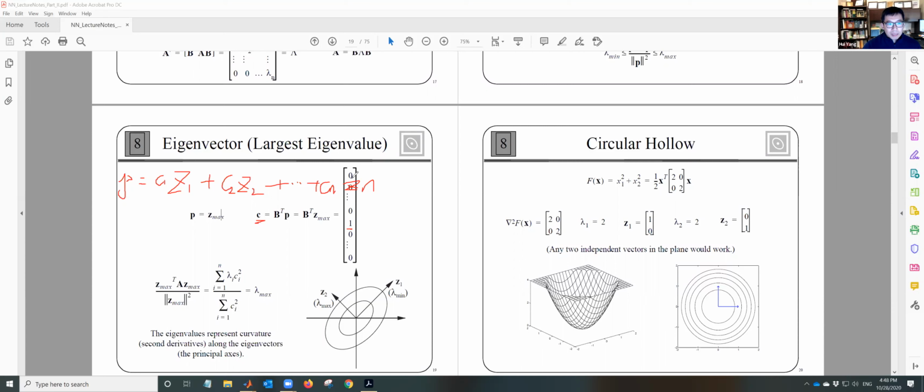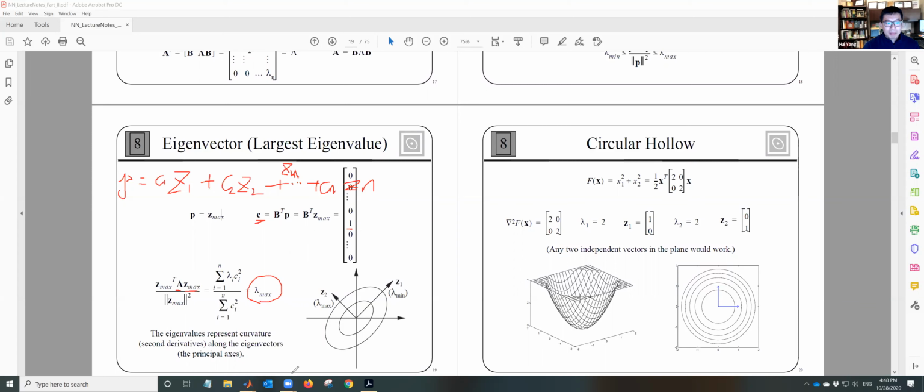So this is C1, C2, C3, C4, and you have a C max over here, and then 0, 0. That means every other Z will become 0. Only Z max is left. Okay, and C equals this one, then you put it inside, then you will be able to get the projection. The projection of your second order derivatives along the Z max direction, along the largest eigenvector direction, is actually the lambda max.